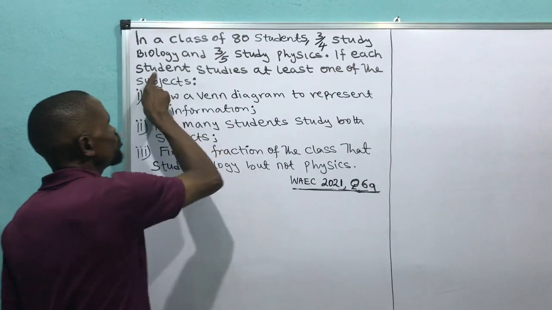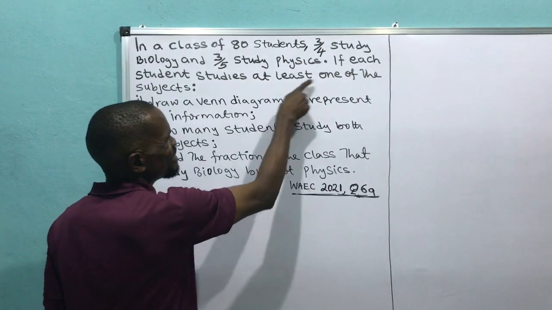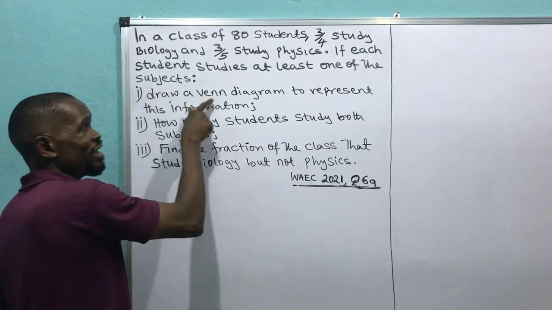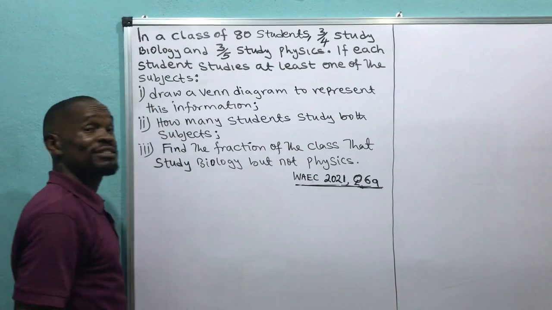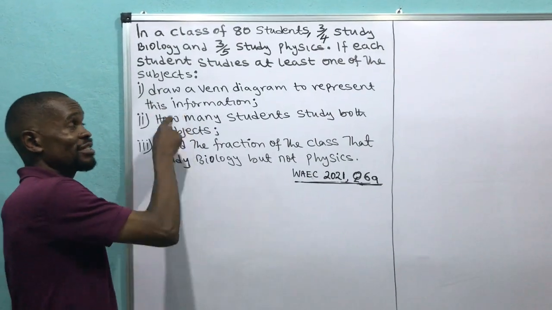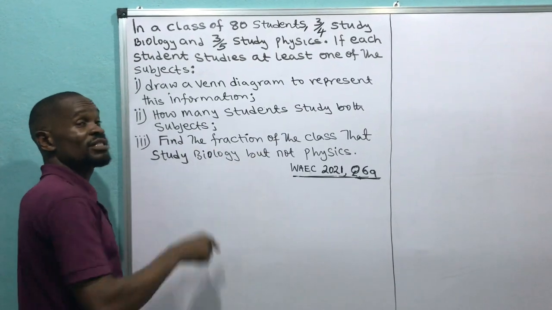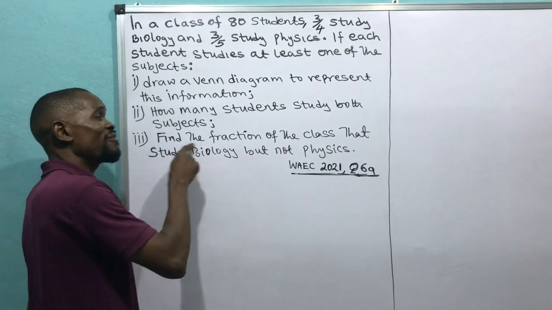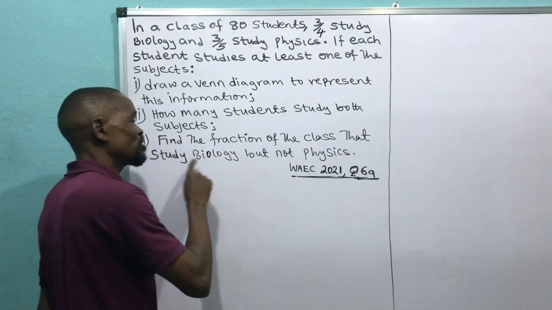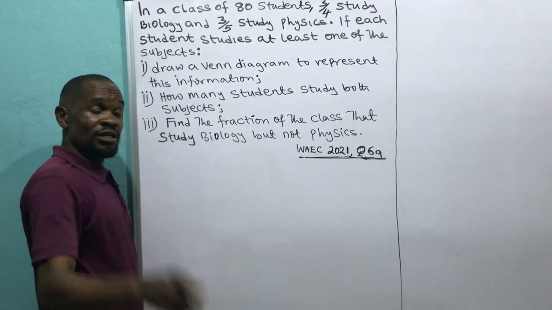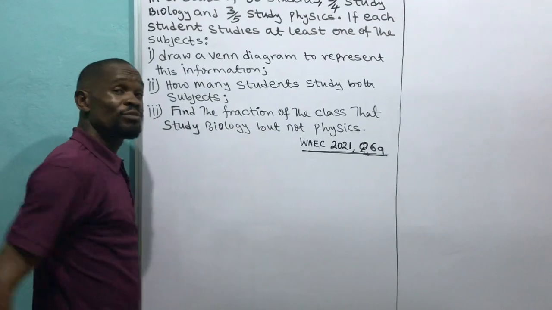If each student studies at least one of the subjects, draw a Venn diagram to illustrate this information. How many students study both subjects? Find the fraction of the class that study biology but not physics.